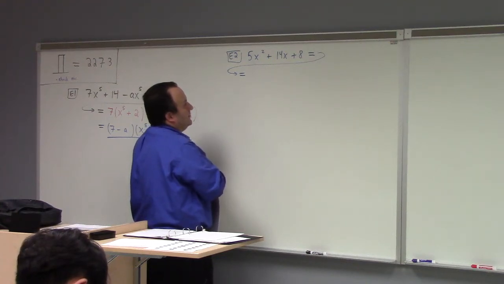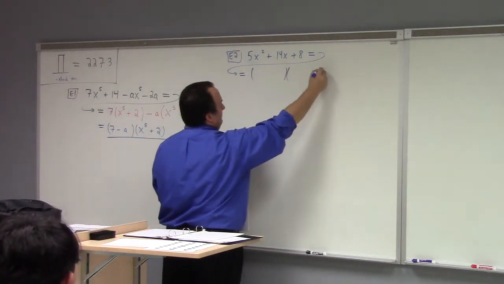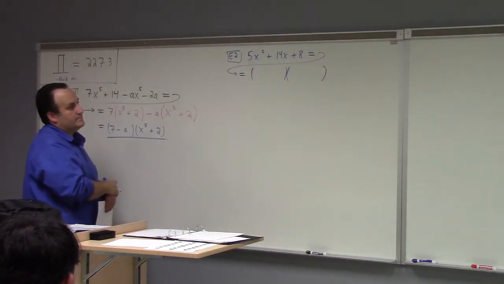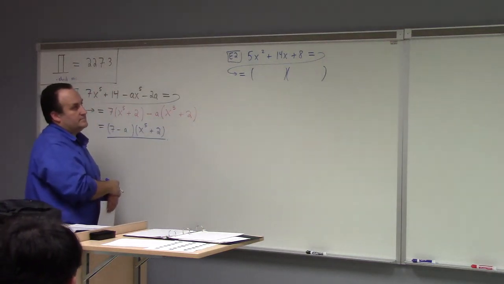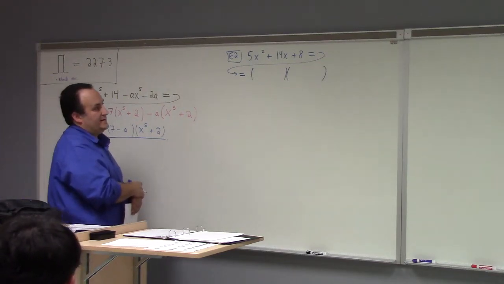It would have to add up to be 14, correct? So you multiply 5 times 8 and see which two numbers out of the 40 add up to 14. And then you would take those two numbers and put them in place of the 14 and then factor. Something like that. Let's see here.